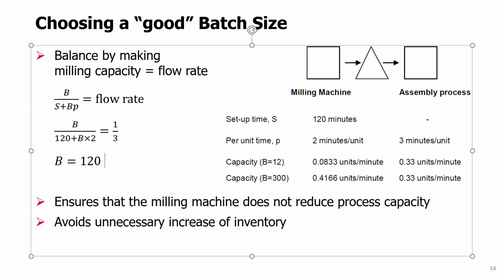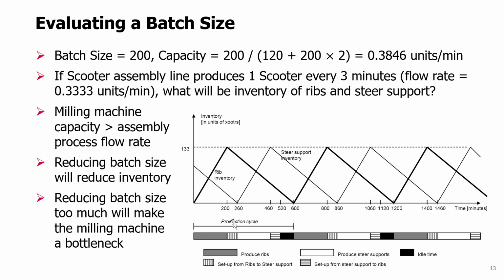If you solve this, it's actually quite easy to calculate that the batch size that makes those two numbers match is batch size 120. With this batch size, the milling machine will be producing at exactly the rate of the assembly line process, exactly one set of parts every 3 minutes. So it will reduce the inventory that we saw on the previous slide.